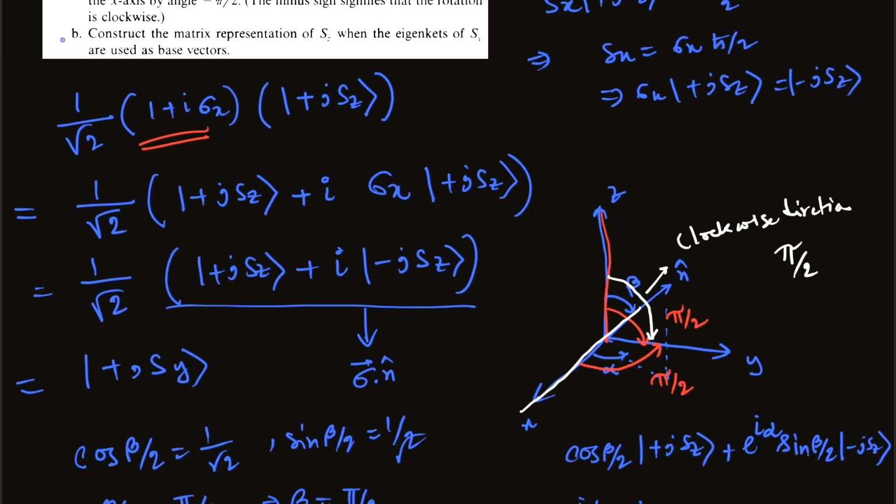Now let us see the second part. B. Construct the matrix representation of sz when the eigenkets of sy are used as the base kets.